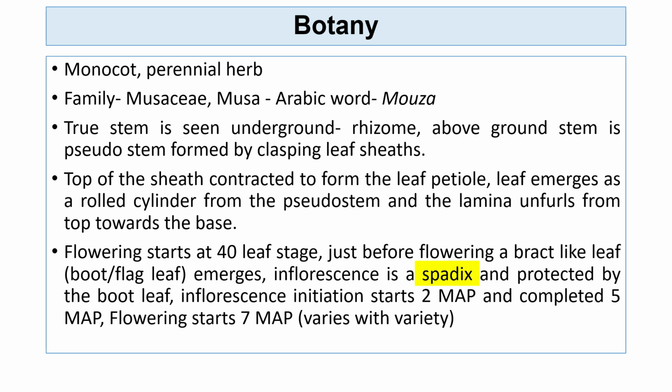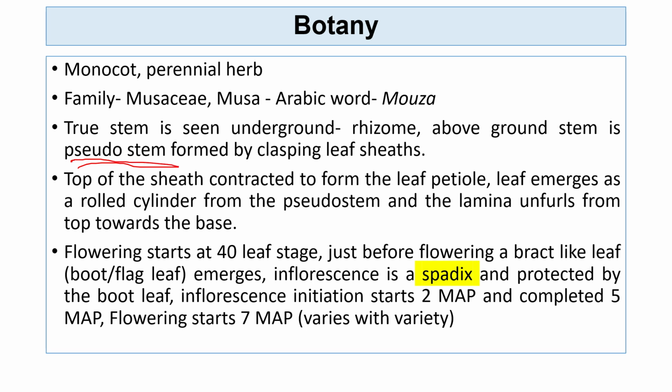So from the rhizomes, suckers come out from the lateral buds and develop into fruit bearing stems. That's why it is termed perennial in nature. Coming to the stem, what we see above ground is the pseudostem. That means it is not the true stem.